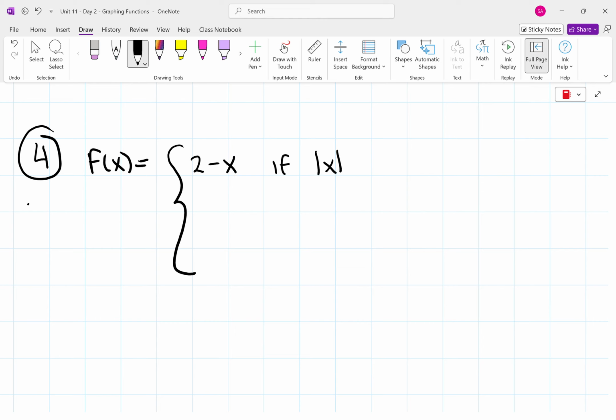F of x is equal to 2 minus x if the absolute value of x is less than 2, and 0 if the absolute value of x is greater than or equal to 2.